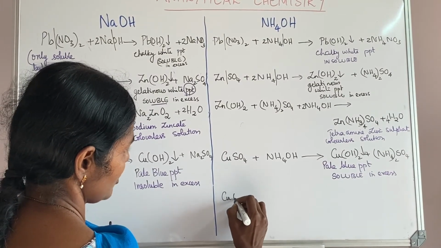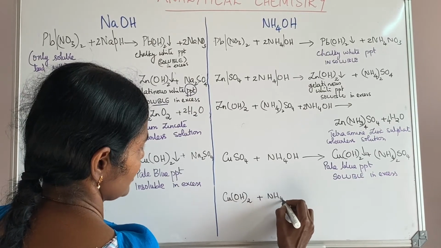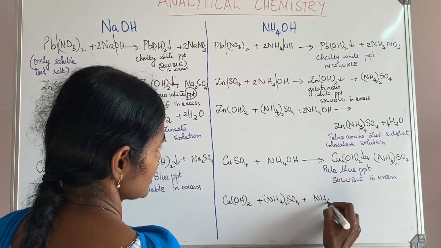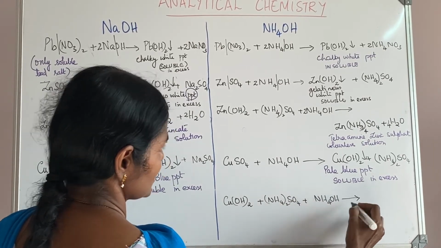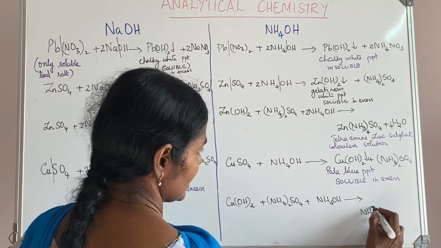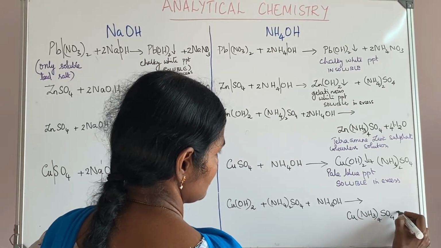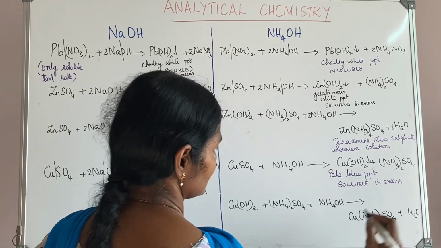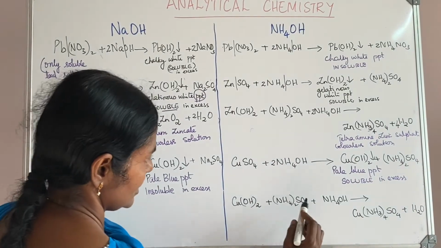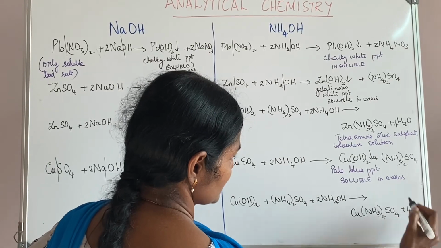Let us take the copper hydroxide plus this ammonium sulphate mixture. Add a little more ammonium hydroxide to it. This gives you a complex salt, tetraamine copper sulphate plus water. Okay, here 2 NH4OH, and here this is 4, so 2 here, and water becomes 4 here.